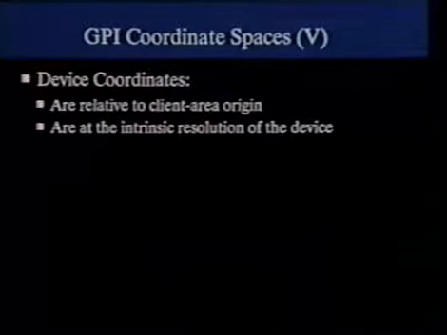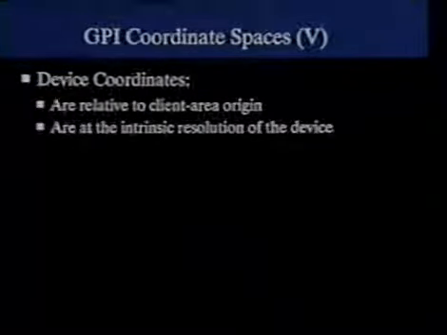Page coordinates are then mapped into device coordinates, where device coordinates are relative to the client area origin. If you have use of a presentation style device, that means the whole addressable range of the device, because all the sharing of the device is done serially. But if you're on the display, it may be different than that. It may be the anchor of your Windows client area. The device coordinate system is at the intrinsic resolution of the device.